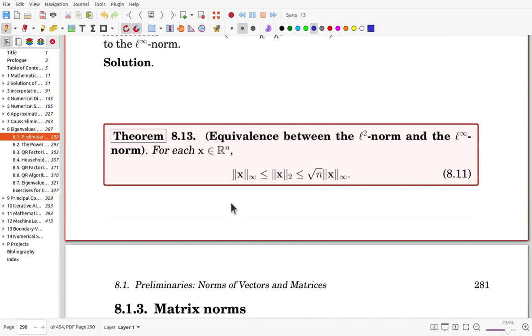Okay. For norms defined on an n-dimensional, finite dimensional space, we can consider this equivalence.